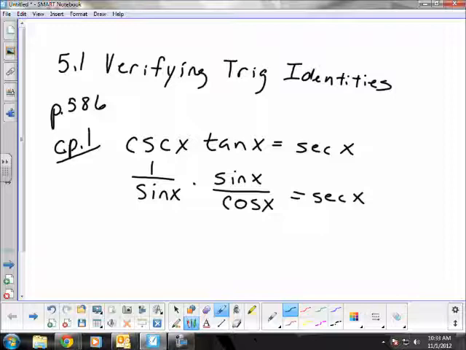Okay, if I have these things that are multiplied together and one thing's on the top and one thing's on the bottom, what do I know about that? They cancel each other out or reduce out to ones, right? So if I reduce those, they divide out to 1, and I'm left with 1 over the cosine. Now, what is 1 over the cosine?